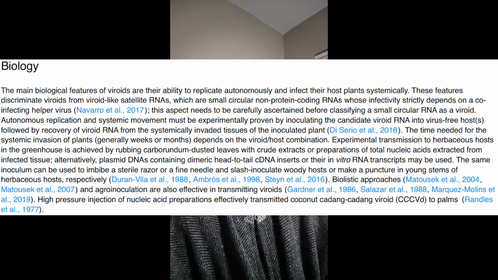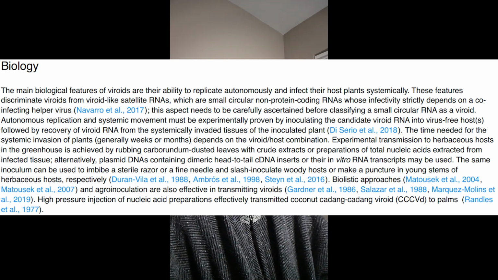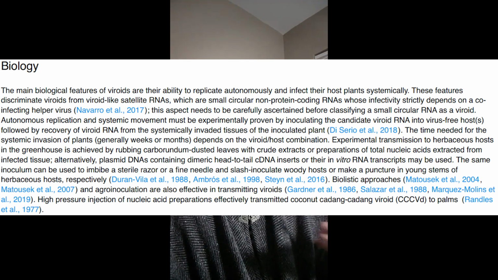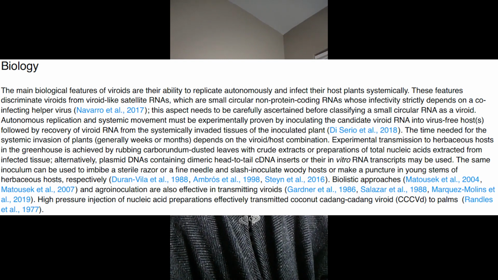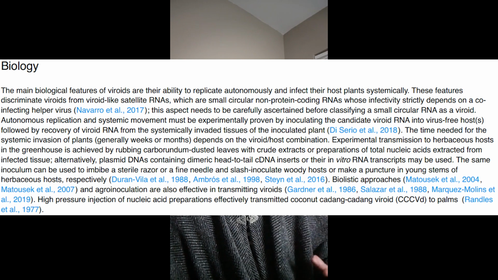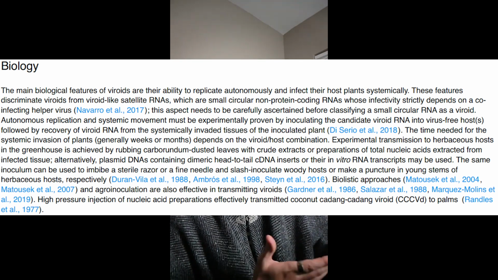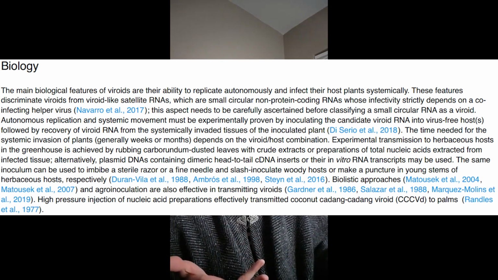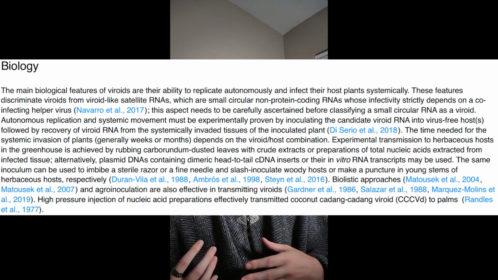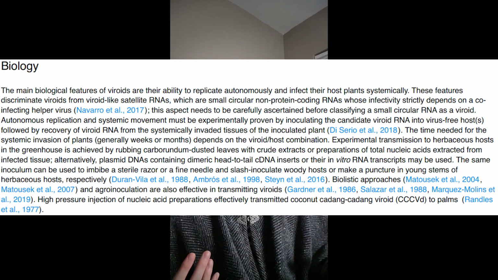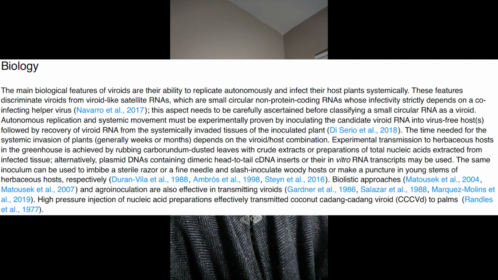This aspect needs to be carefully ascertained before classifying a small circular RNA as a viroid, right? Because you really want to know what you're talking about. And when you're talking about such a simple structure, even a structure that is oftentimes, if you're not thinking about it, if you're not looking for it, and of course before like 1967, there were cases where people were thinking that this was endogenous genetic material, but in fact it was totally foreign to the genome of the organism.